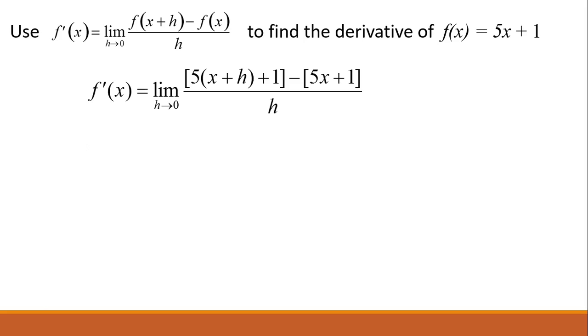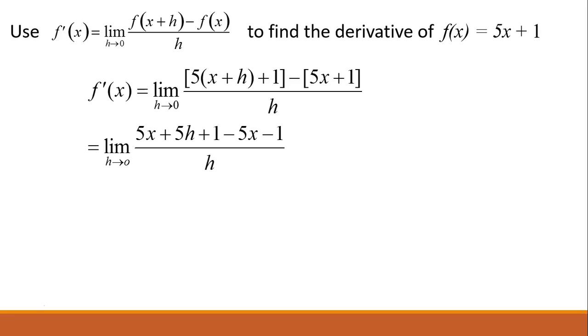We'll have to divide that by h and then take the limit as h approaches 0. Now once again, we're dividing by h, so we can't take the limit until we've simplified this fraction completely and that h in the denominator has canceled out with a factor of h in the numerator. So we have some work to do.